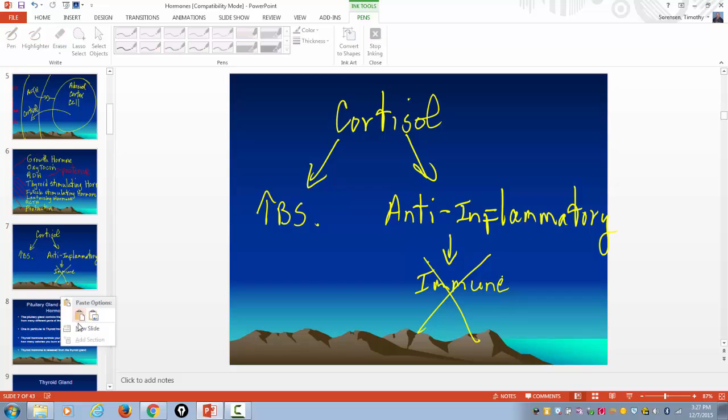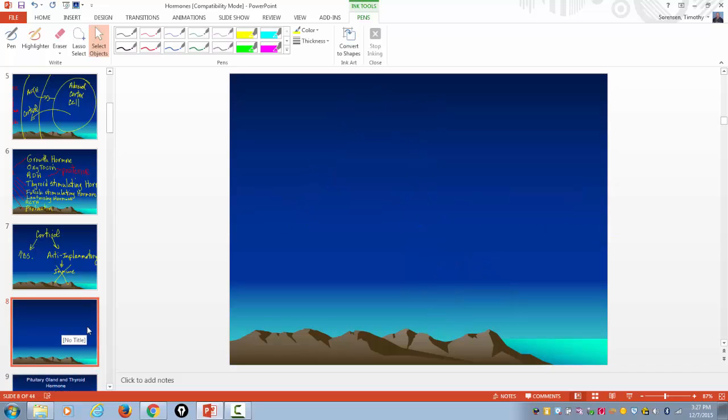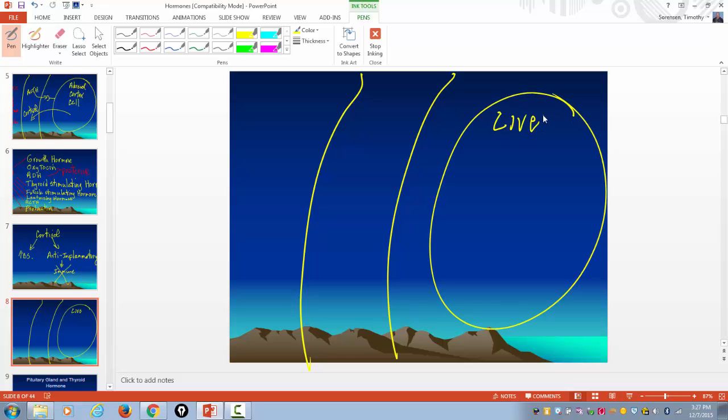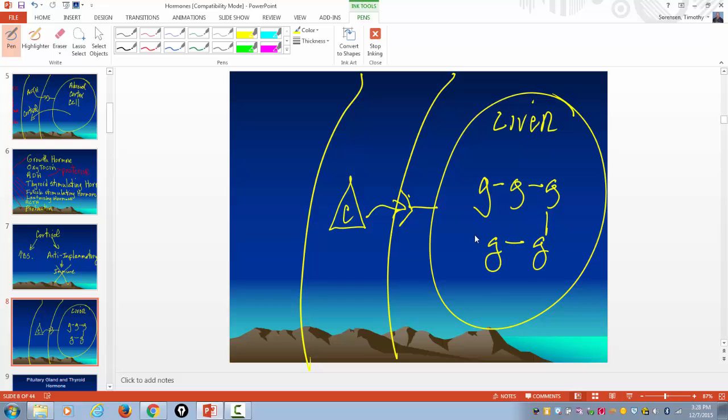Okay, so how does cortisol elevate your blood sugar? Well, here we go. Again, two curved lines in a circle. Where do you store extra glucose? Store it in the liver. So when you have cortisol around, again, I'm simplifying, cortisol is going to bind to a receptor, and glycogen is glucose chemically bonded together, right?